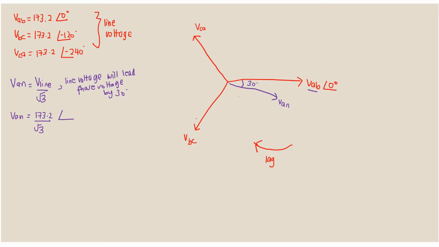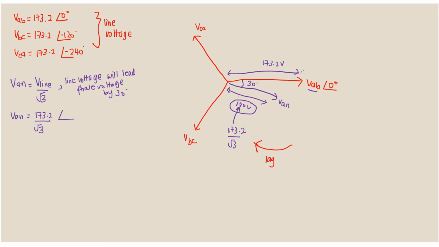Can you see VAN's magnitude is slightly shorter than VAB? This length represents 100 volts and this line represents 173 volts. That's why they are different. Why is this 100 volts? Because 173.2 divided by square root of 3 is 100.